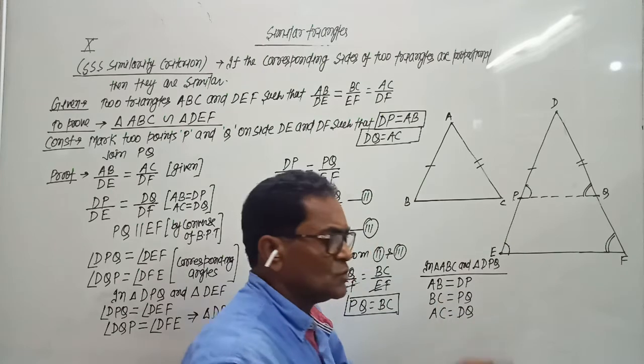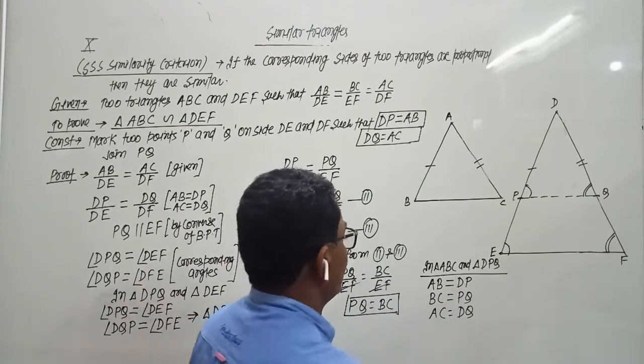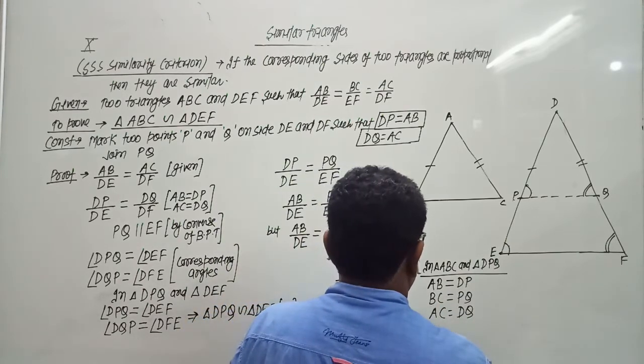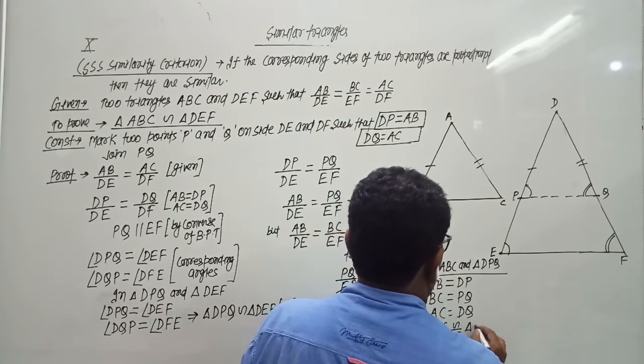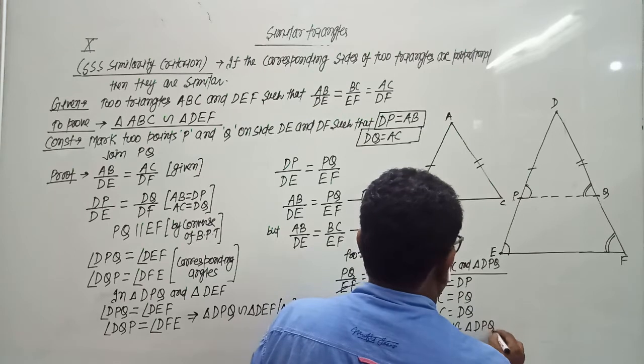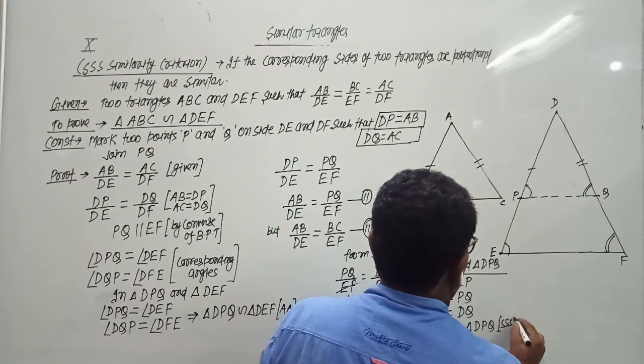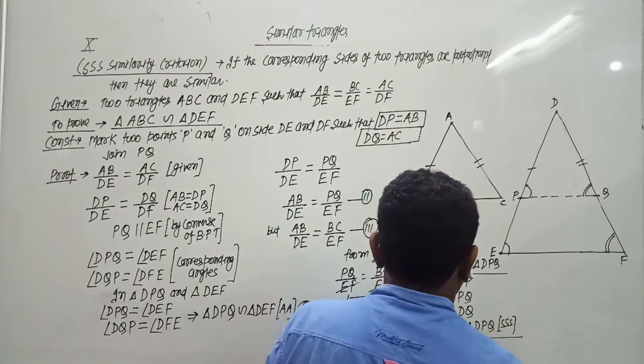Therefore, these two triangles are congruent by SSS. So triangle ABC is congruent to triangle DPQ by SSS congruence.